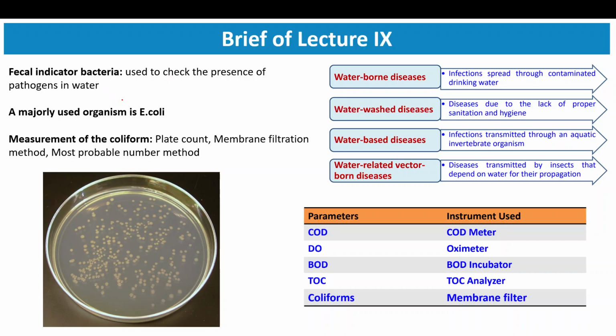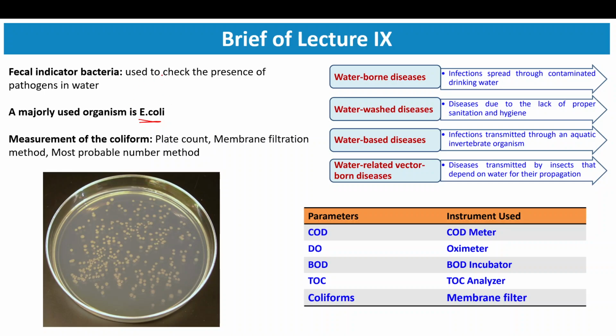So what does fecal bacteria mean? Fecal bacteria are found in the intestines of warm-blooded animals, for example, human beings, some aquatic mammals, and birds, right? They are present in the intestines of those organisms. And E. coli is one such bacterium which is used to measure the microorganisms present in water.